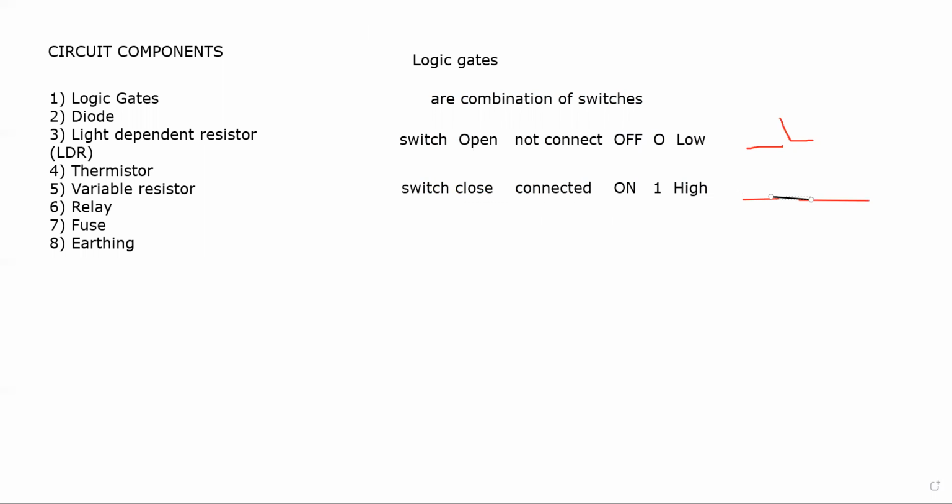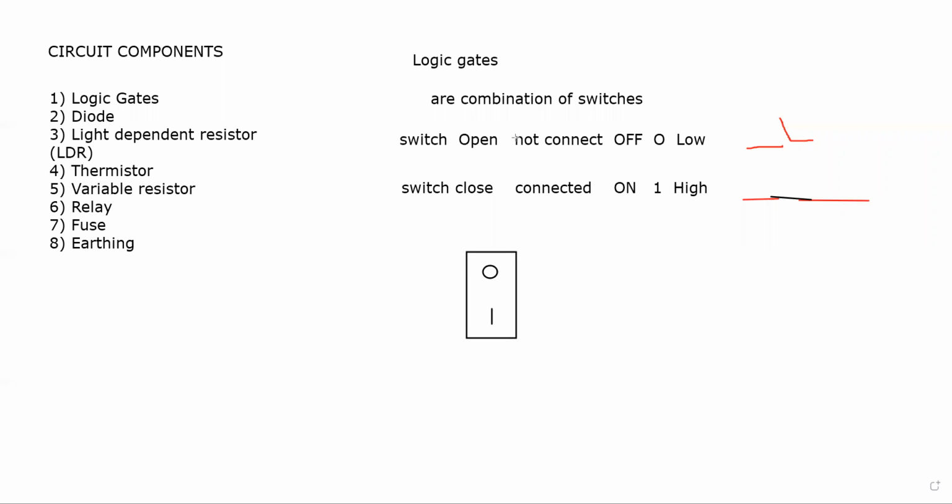That is why, for example, you will see some switches, instead of writing on and off, write 0 and 1. Because when you press 0, it means you switch off the device. And when you press 1, it means the device will work.